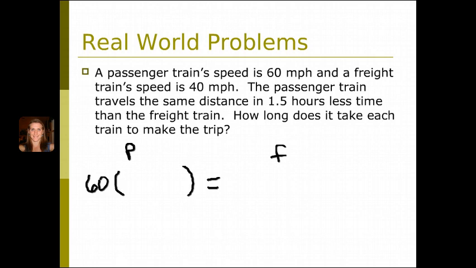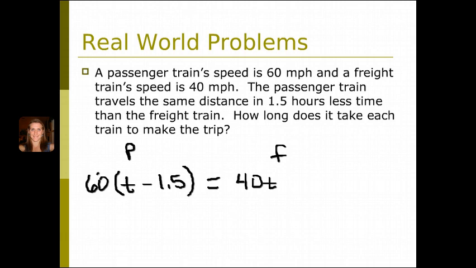But we know that its amount of time is 1.5 hours less than the amount of time of the freight train. And the freight train travels at 40 miles per hour. Okay, so 40 times the amount of time will be the freight train distance, and then the passenger train is 60 times t minus 1.5 hours.